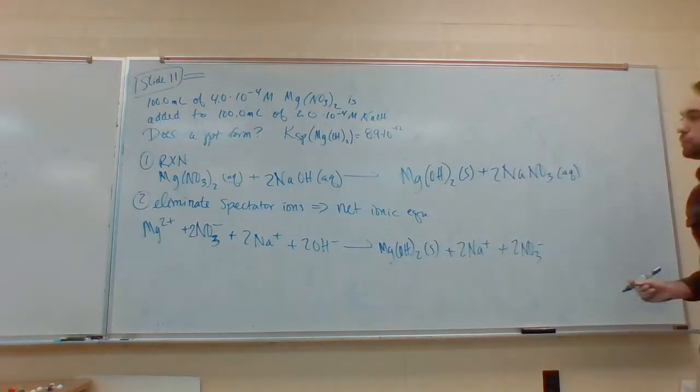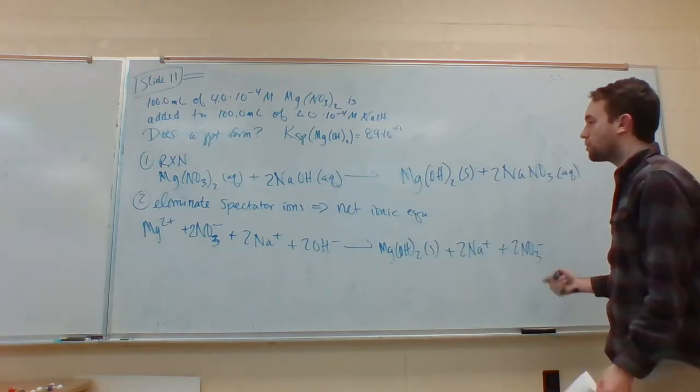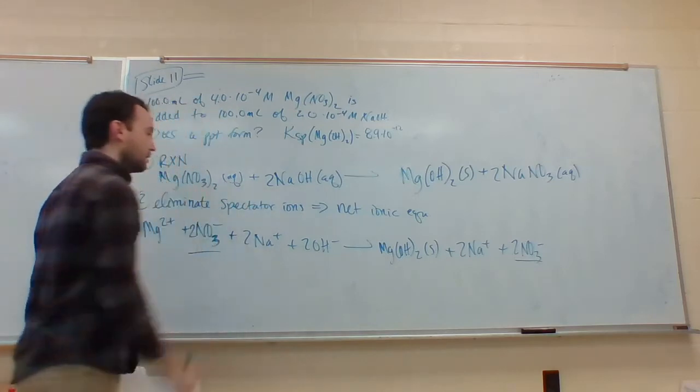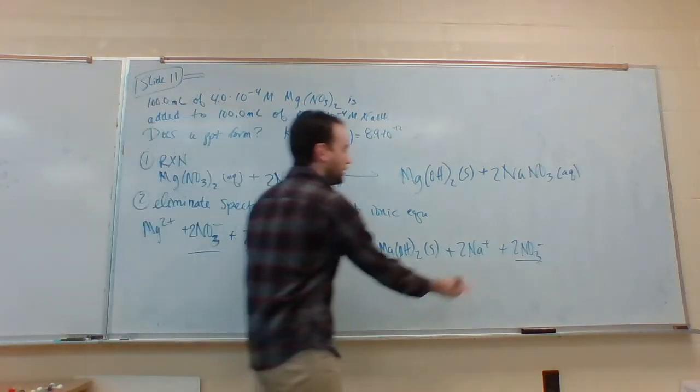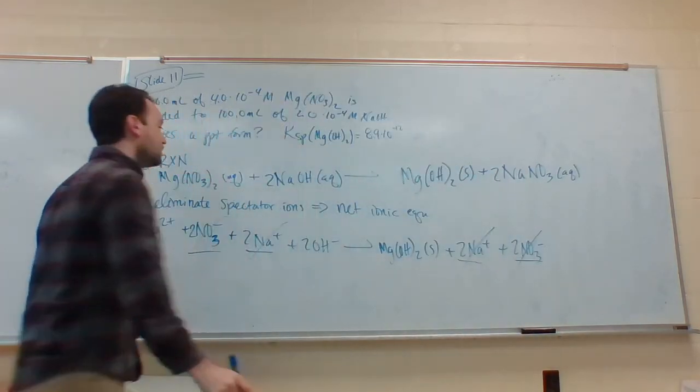Just like what we did in Gen Chem 1, if it appears on the left and the right, we're going to get rid of it. Nitrates appear on the left and the right. My sodiums also appear on the left and the right. So therefore, those species will be canceled.